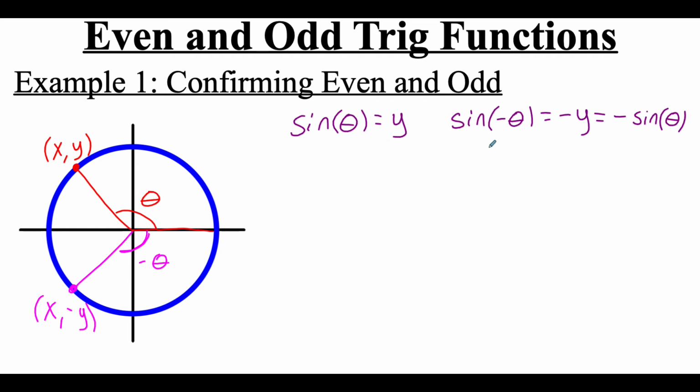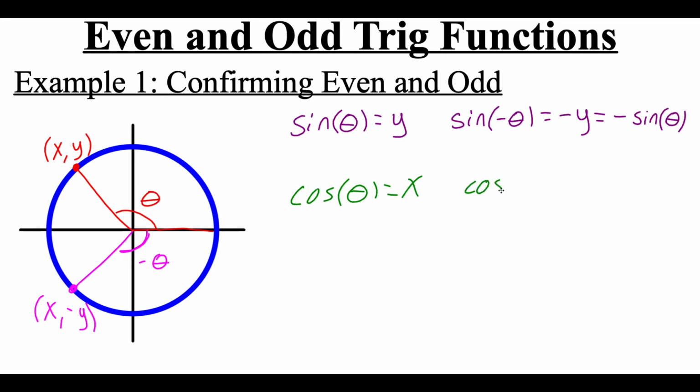We defined odd functions as having this relationship with their function values. So we plugged in positive theta to the sine and got positive y, but when we plugged in the opposite of that theta value, we got the opposite y value. That's what being an odd function means. Now let's talk about the cosine. If we look at the cosine of theta, that's the x value from the ordered pair, which is just x.